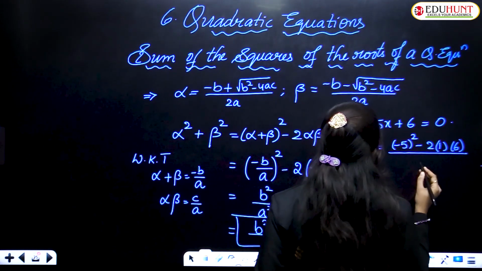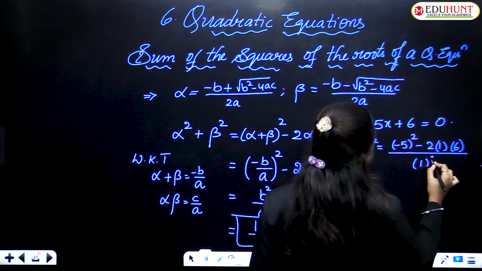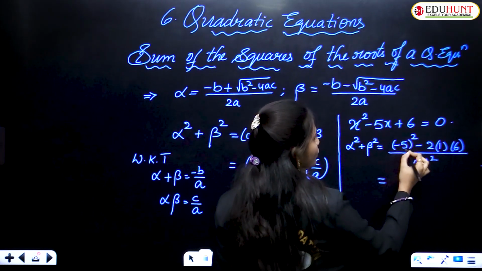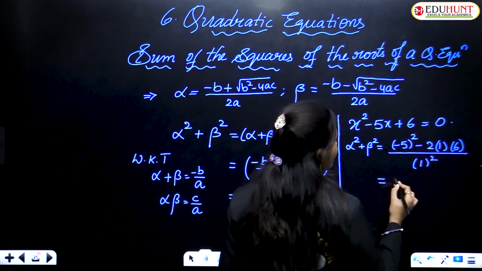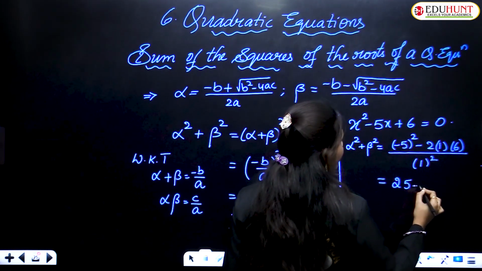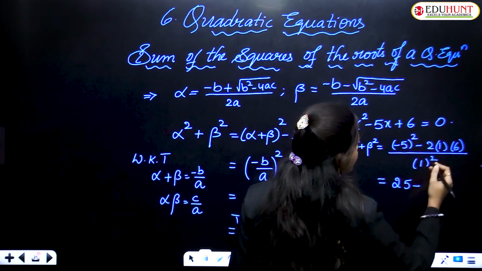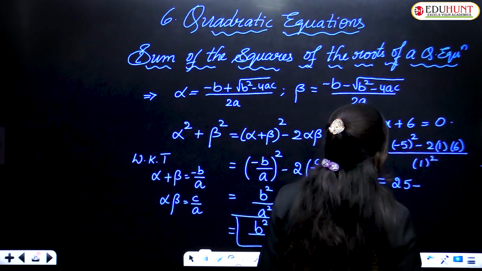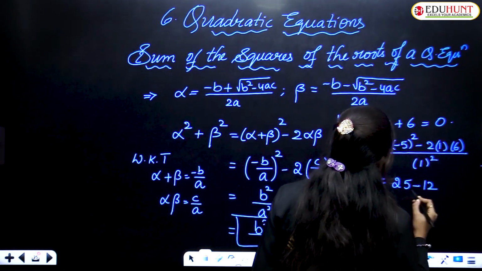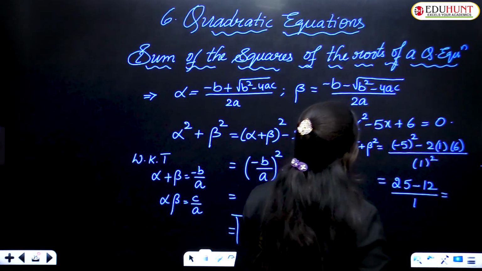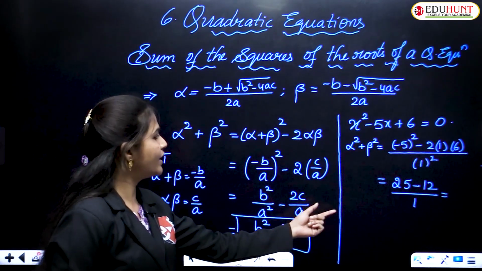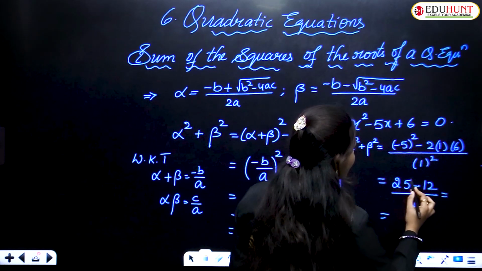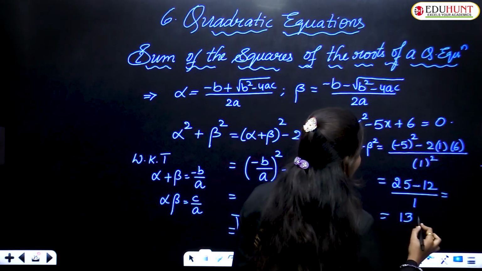So minus 5 whole square is 25, minus 2 into 6, which is 12, whole by 1 square, because it is 2ac. So 25 minus 12 is equal to 13.